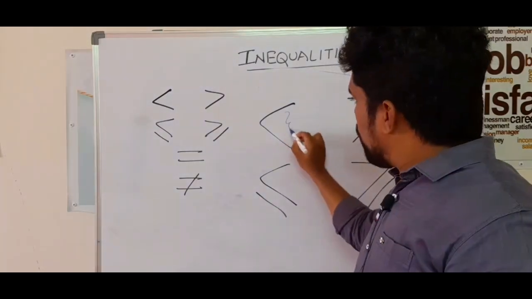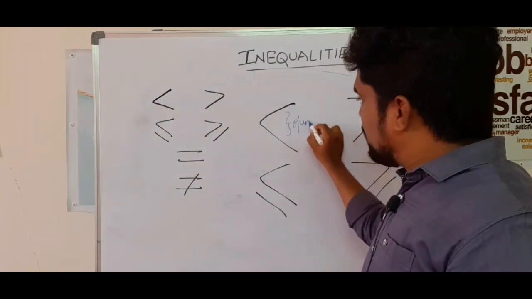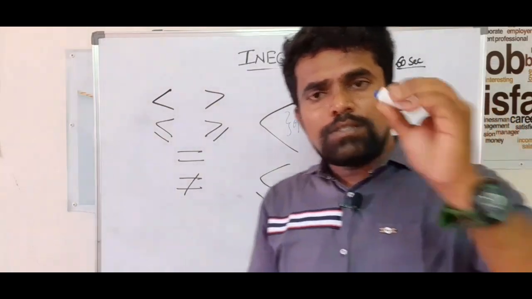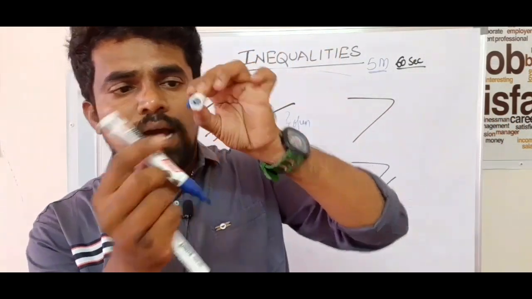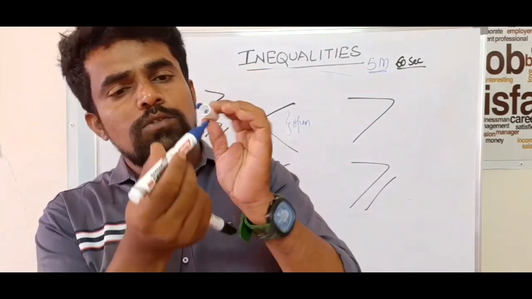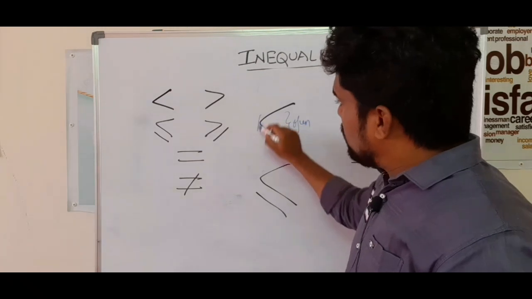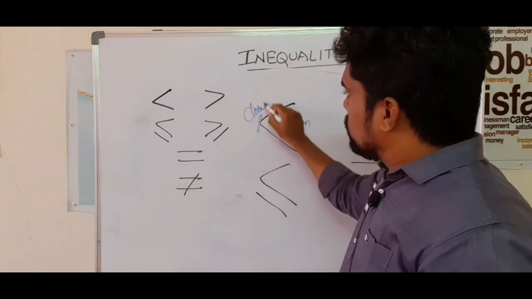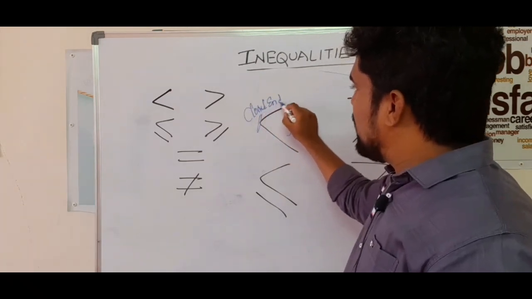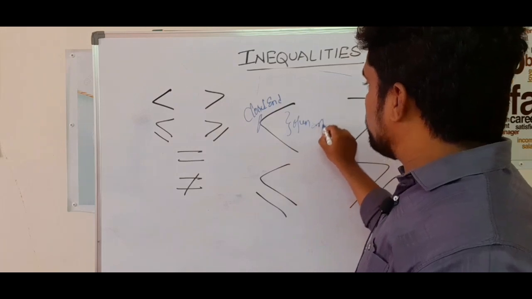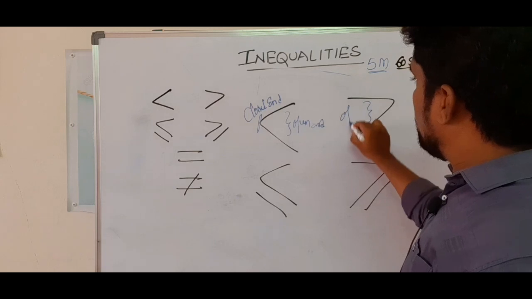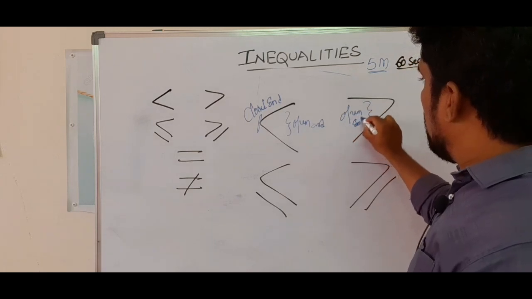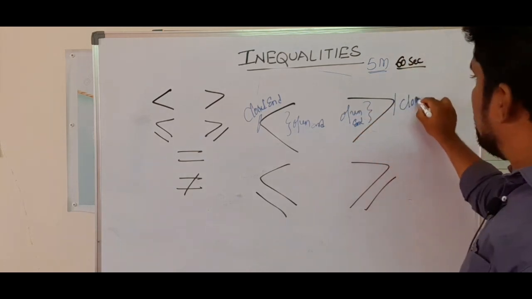Here this is open, guys, just like your cap. This is open and this is closed. Same here, this is open and this is closed. We can call this the closed end and this the open end.